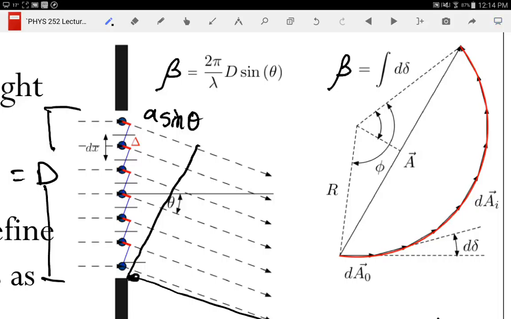If you're right here, it would just be a straight line, adding them all with the same phase angle. But when you get to the screen, they all have different phase angles. So going from here to here, that's the electric field at the screen. It's better illustrated in the next slide. You take that squared, and that's going to tell you the intensity on the screen. You take the length of this arc squared, and that tells you the intensity of the light that comes through the slit.